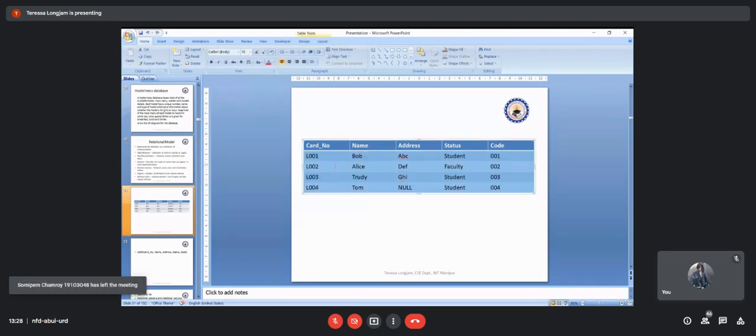But with the values at that instant of time, it is known as relational state.